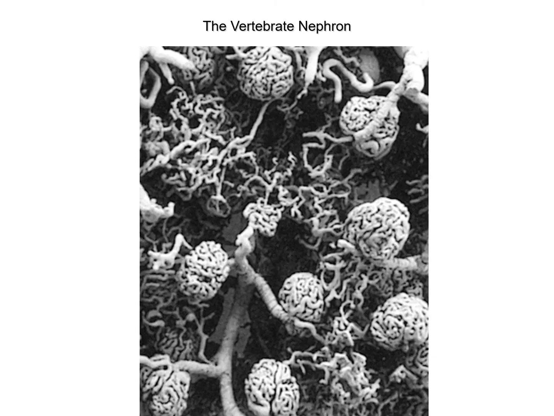And here you see a prepared specimen. I think this is a scanning electron micrograph, not a light microscope micrograph. But what you see here are many glomeruli. Each of these round tufts is a capillary bed of the glomerulus. Each one is a glomerulus, many glomeruli.